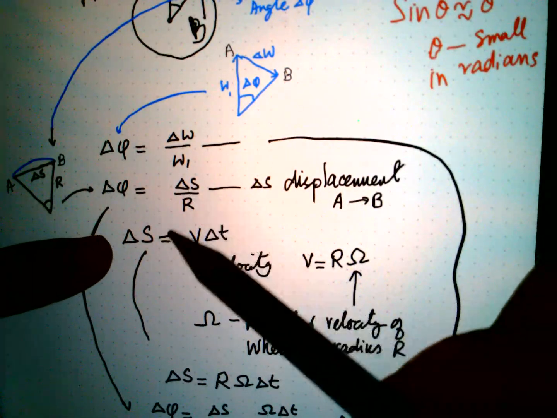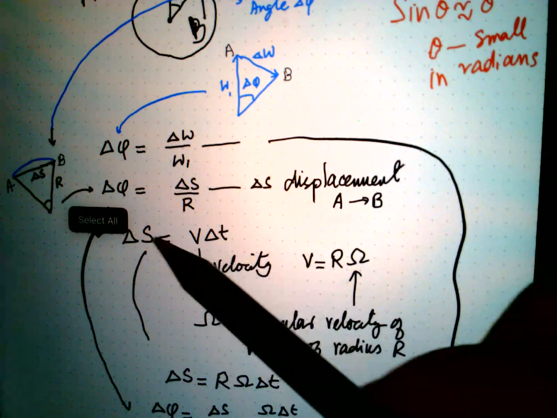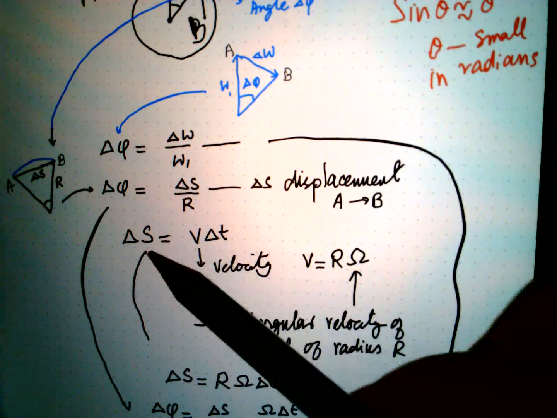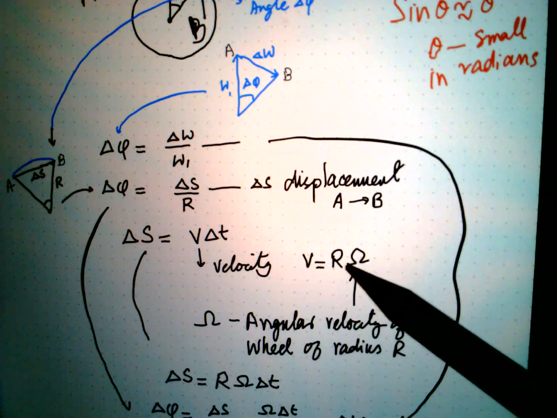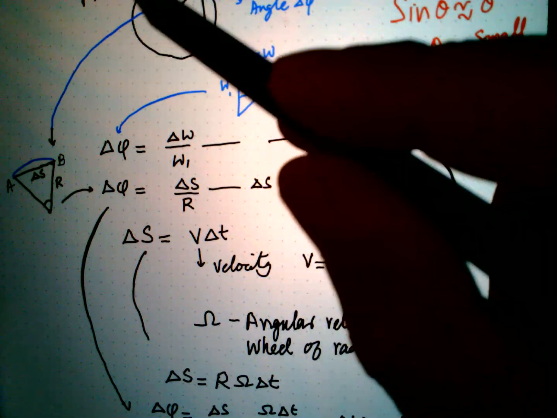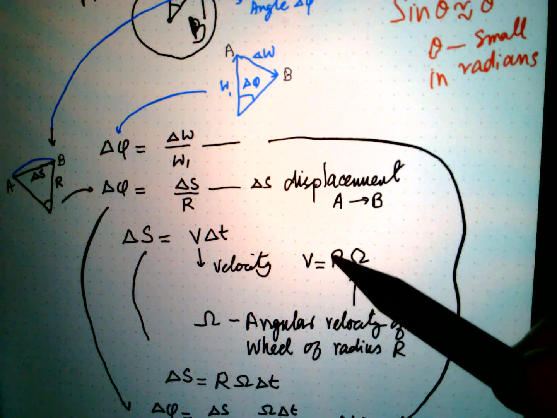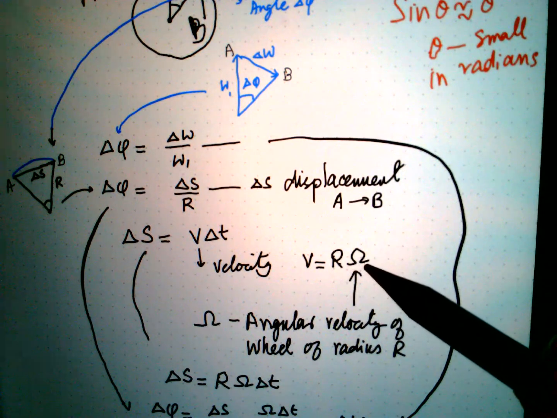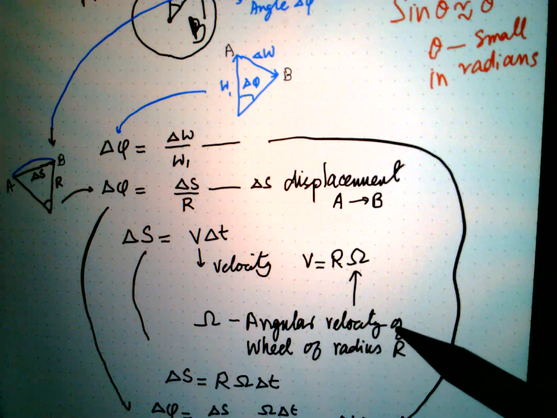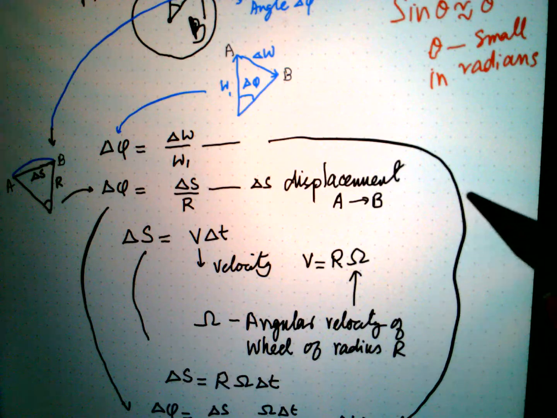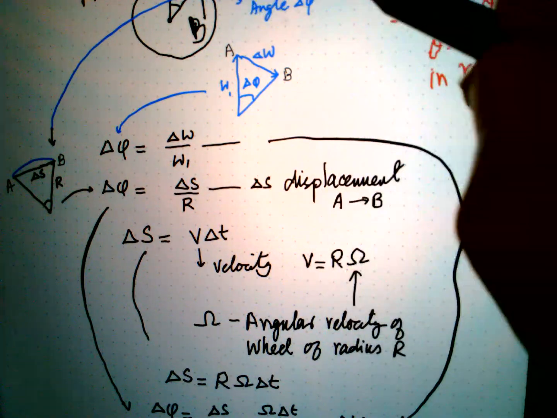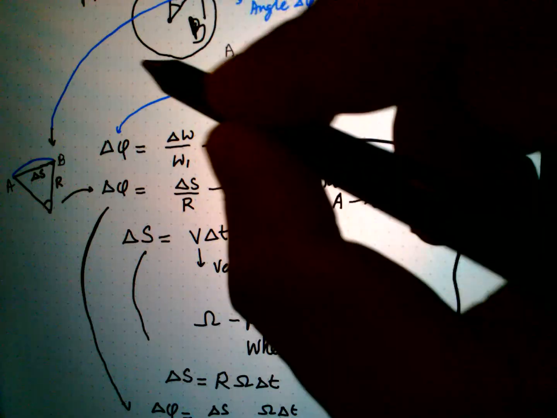So from here, delta s is equal to velocity into time. Delta s is equal to v t, and v is equal to r omega. Small r is the radius of the wheel, and omega is the angular velocity of the wheel of radius r. How much time is taken for the stadium?